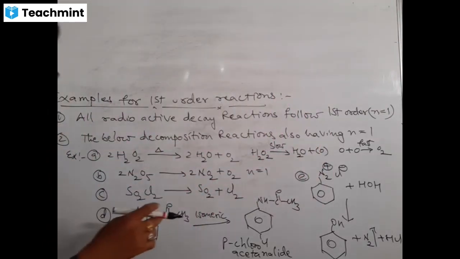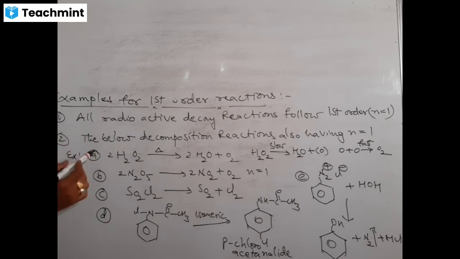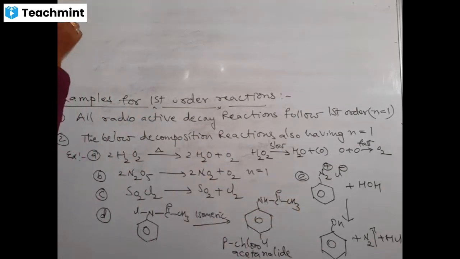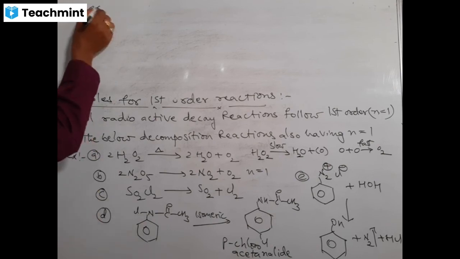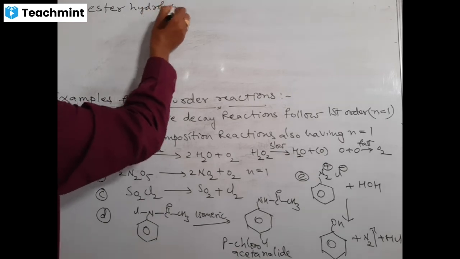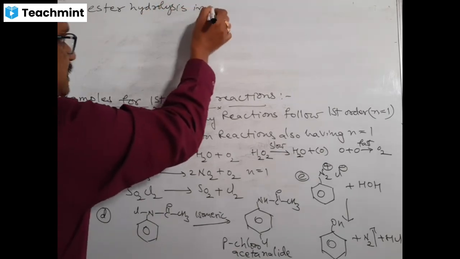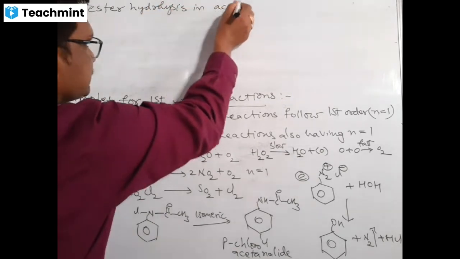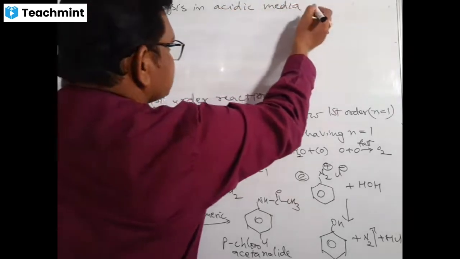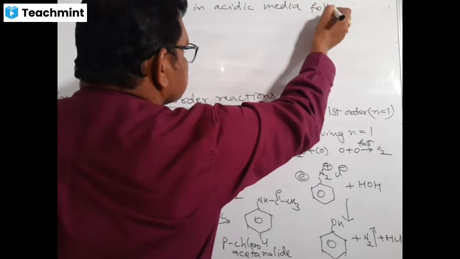How many reactions have we studied so far? 1, 2, 3, 4, 5, 6. This is 7. Here we are giving sub-numbers A, B, C. So third, ester hydrolysis in the presence of acidic media, or simply in acidic media. It follows first order.